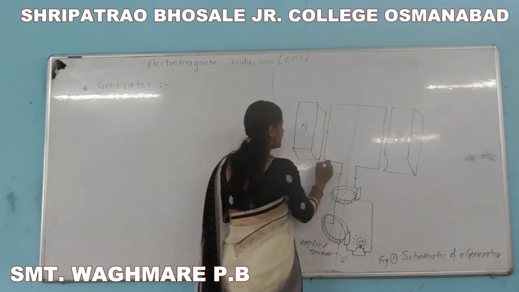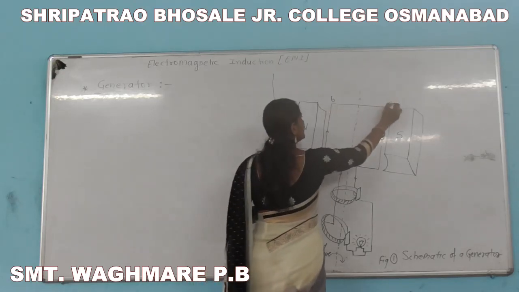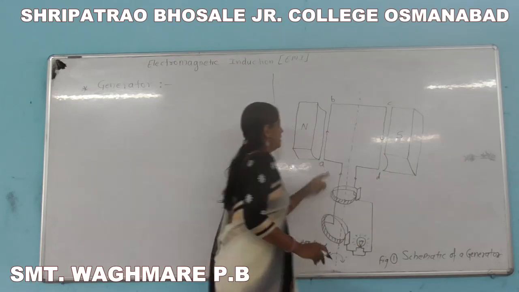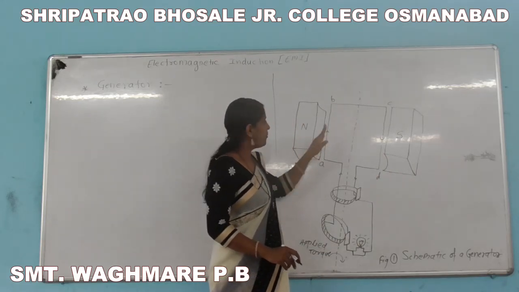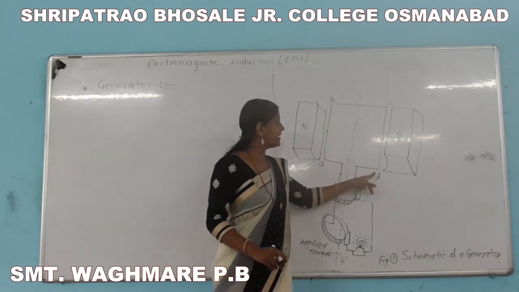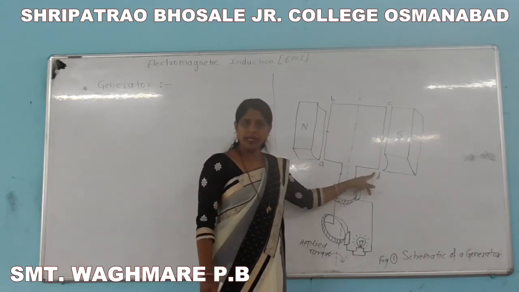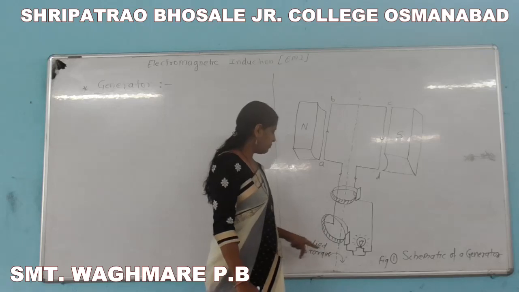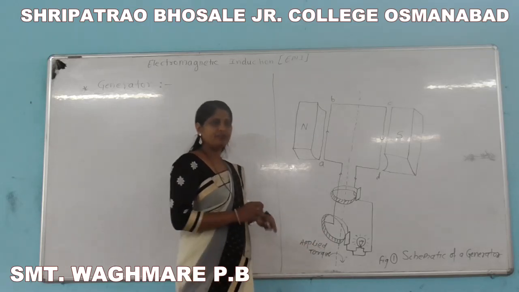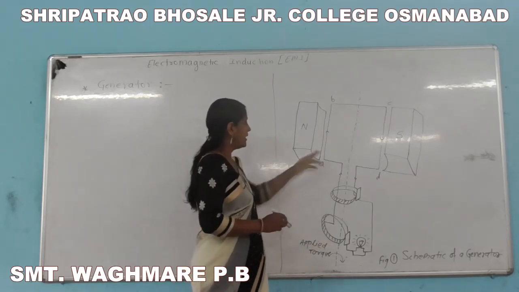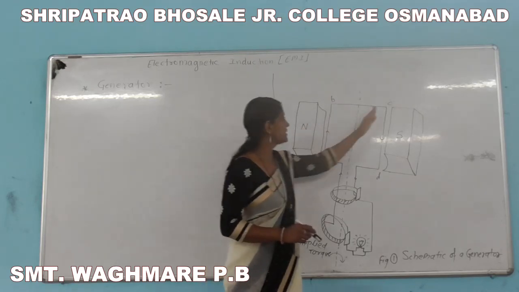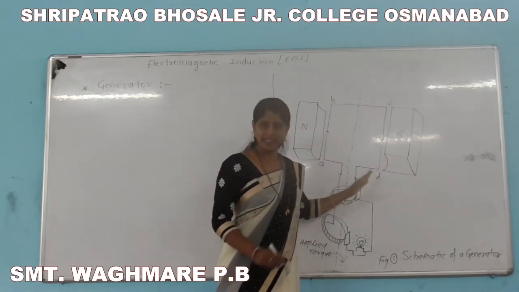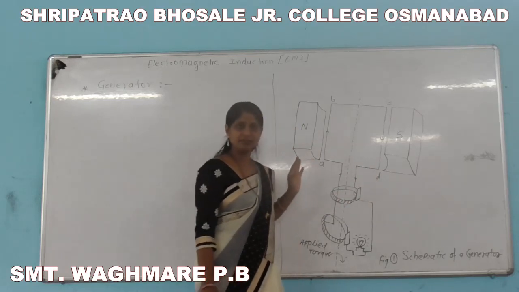Let us label the coil A, B, C, D. When torque is applied, side AB will move in the upward direction and side CD will move in the downward direction.